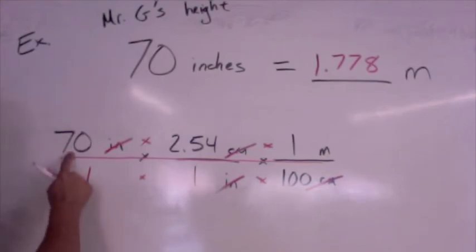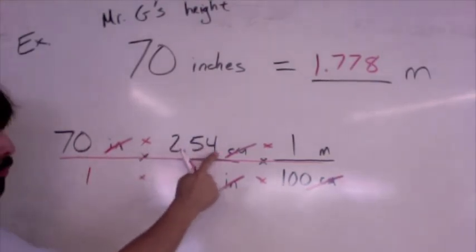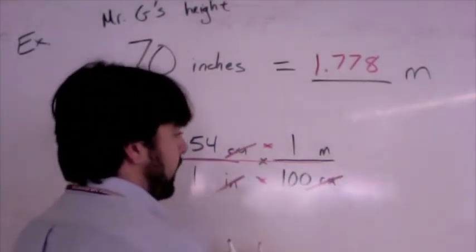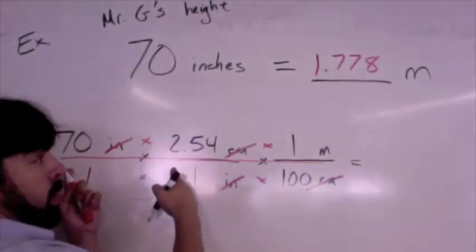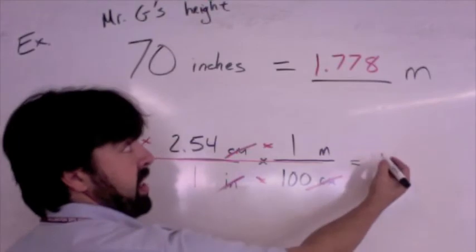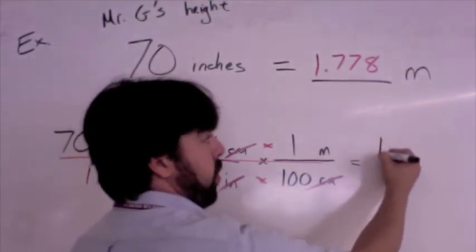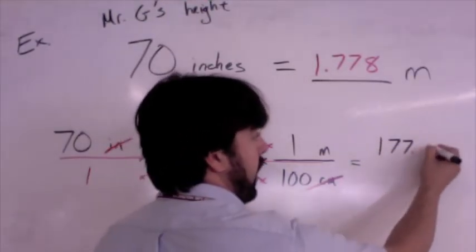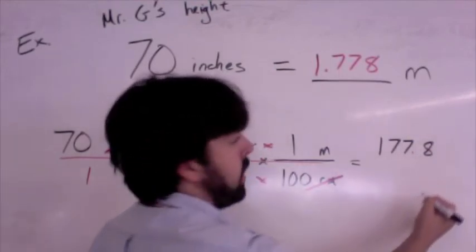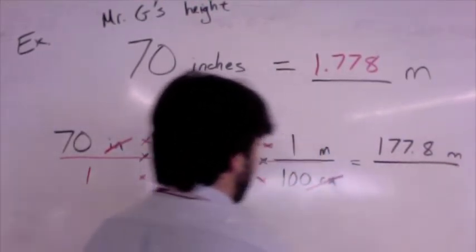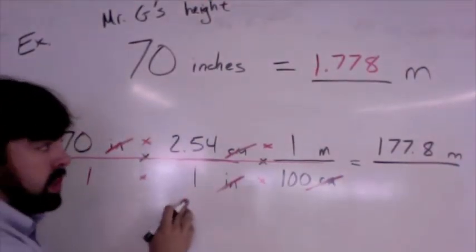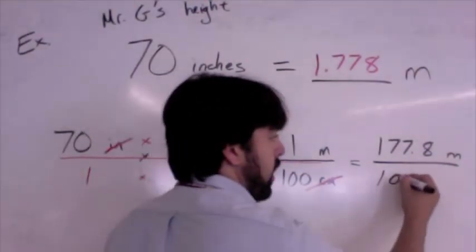So 70 times 2.54 times 1. That's going to equal 70 times 2.54 is 177.8 times 1 is the same, 177.8. And that meters carries over, divided by 1 times 1 is 1, times 100 is 100.